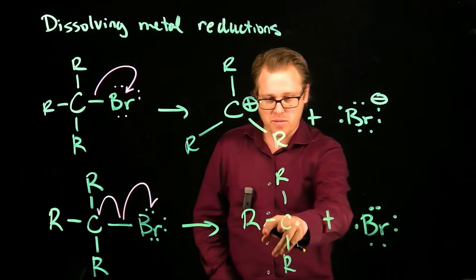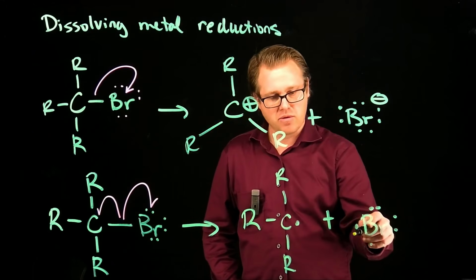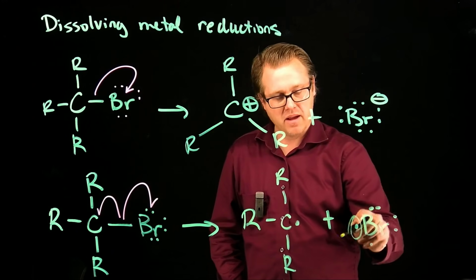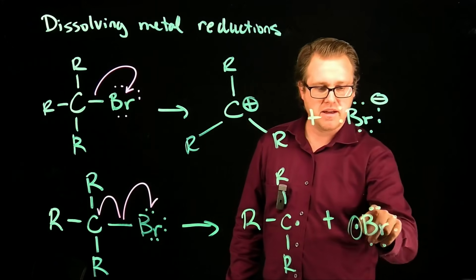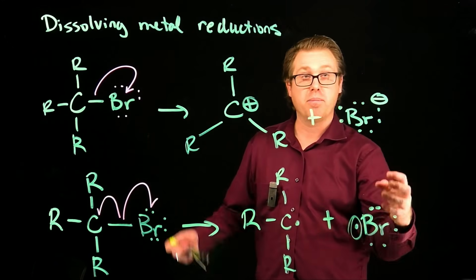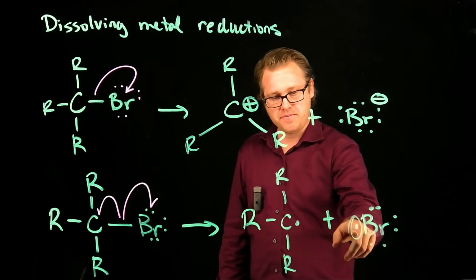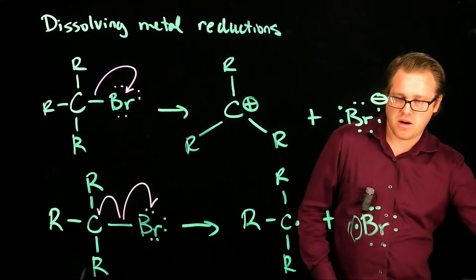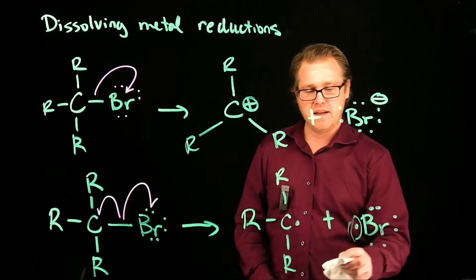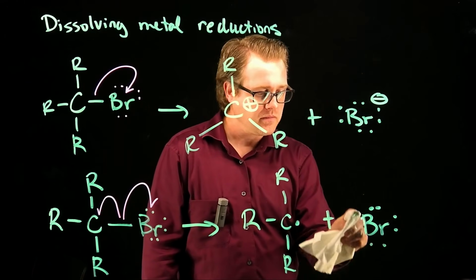So we would have a carbon radical and a bromine radical, because it's called a radical when we have an electron that's not paired with another electron. You can see these 6 right here are paired. It's a lone pair. This is not. It's unpaired. So whenever you have a species that has an unpaired electron, you have a radical.